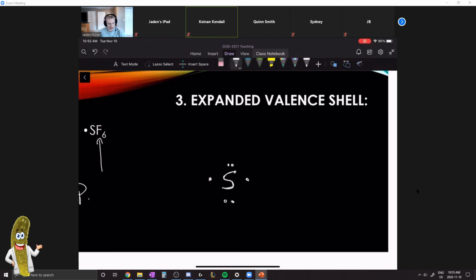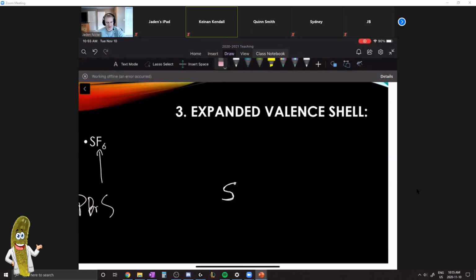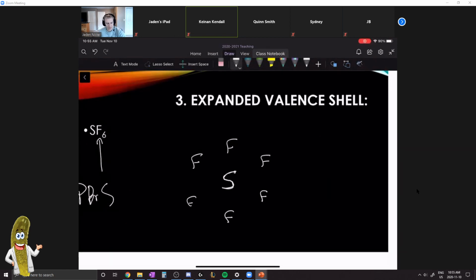I would do my PBS, and I would say, yeah, sulfur is one of the exceptions. So I know that I can break those pairs of electrons up and have 6 different bonds coming off of that. So 1, 2, 3, 4, 5, 6, like this. I would know that each fluoride, this is a lot of dots to draw, has 7 valence electrons on it.